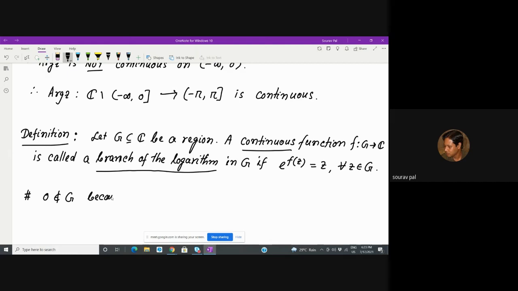Because e to the z, the exponential, is non-zero for all z. Here you see e to the something is equal to z. So if e to the something is equal to 0, then we have a problem. The exponential function's range does not contain 0. So 0 does not belong to G. That is the first and foremost condition that we want to have.